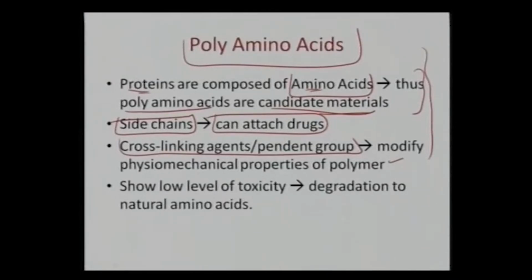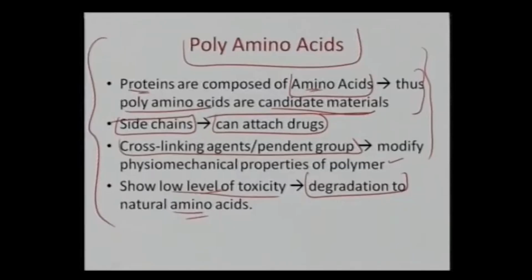And again, being the basic chain of the proteins, they show a very low level of toxicity because the degradation is to the natural amino acids. So that is the advantage with the polyamino acids. The overall philosophy is that proteins are made up of amino acids, so these amino acids can become an inherent part of the protein itself, and they can degrade to very non-toxic ingredients.